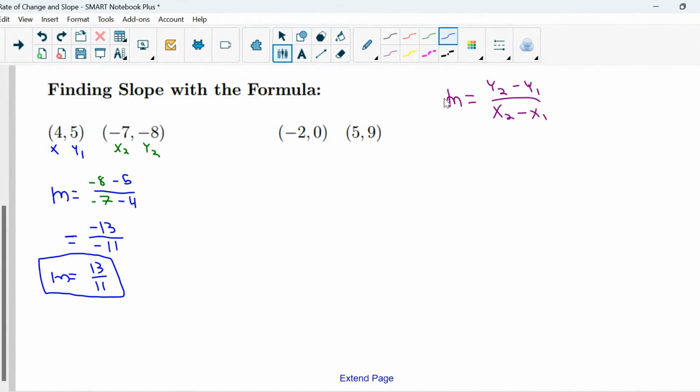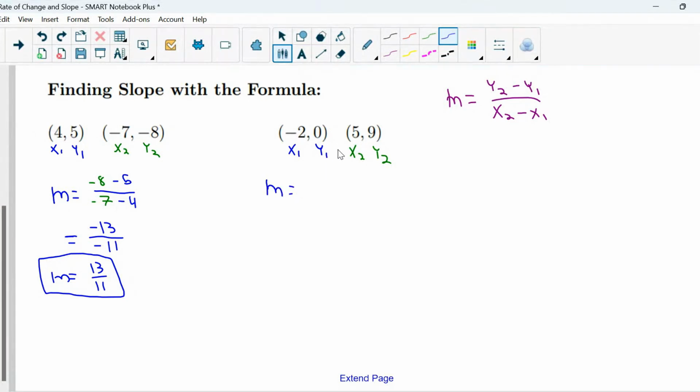All right, example 2. Let's follow the same exact process. So remember, we have x1 and y1, and we have x2 and y2. Okay, let's substitute these values from our ordered pairs into our formula.